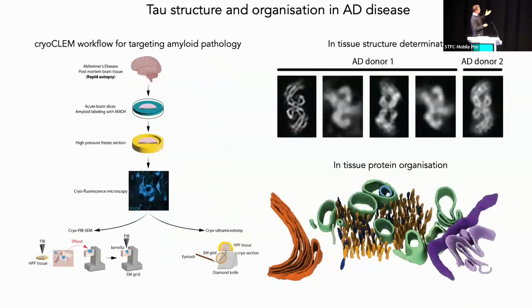So to conclude, we've developed a cryo-CLEM workflow that enables us to investigate the structure and organization of amyloids inside human brain tissue. We identified that tau forms parallel clusters of unbranched filaments. We were able to resolve the polypeptide backbone conformation to sub-nanometer resolution and identify mixed amyloid isoforms.